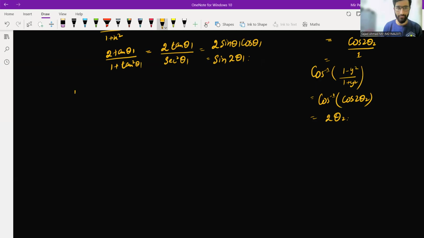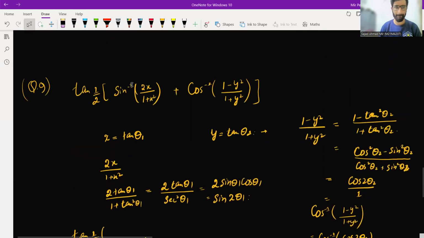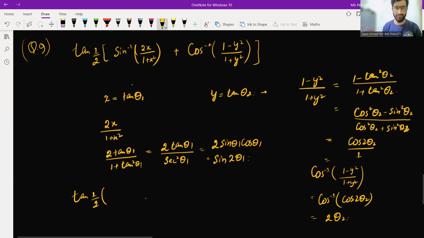Now I have tan of 1 by 2 inside of which this part I have solved as sine inverse of sine of 2 theta 1 plus cos inverse of cos of 2 theta 2.